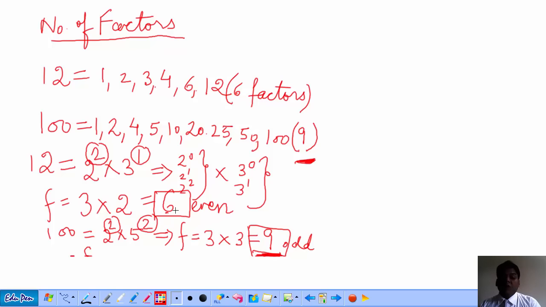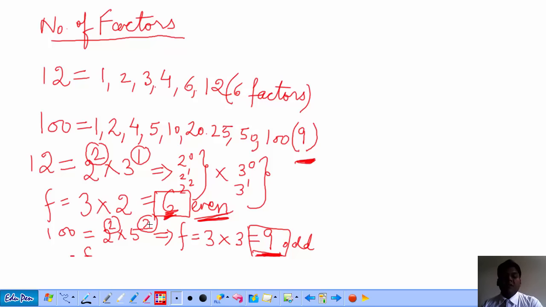A number which is not a perfect square will always have an even number of factors. Again, there is a logic behind it. A perfect square will always have even powers of all the prime factors, may it be 2, 4, 6, whatever is the power, it will always be even. That is why it is a perfect square. The formula says you have to increase the power by 1.